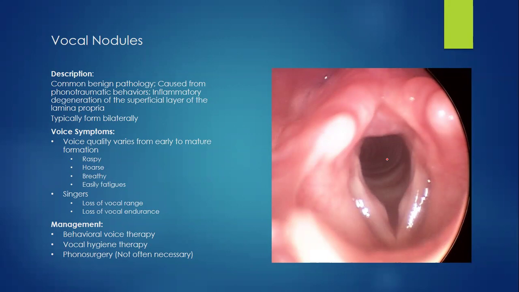And typically nodules form bilaterally, and they result in an individual having a raspy voice, a hoarse voice, breathy, and a voice that easily fatigues. If the person is a singer, then they're going to have loss of vocal range and loss of endurance.